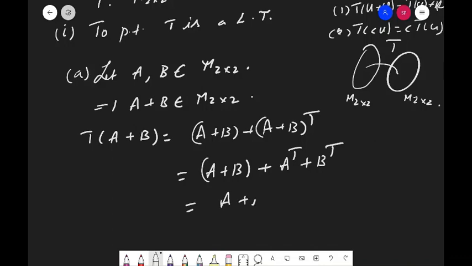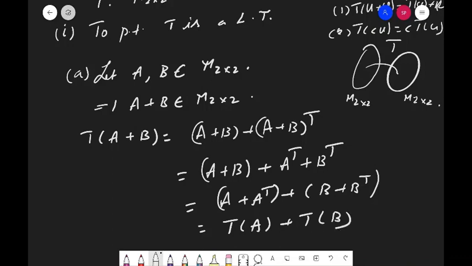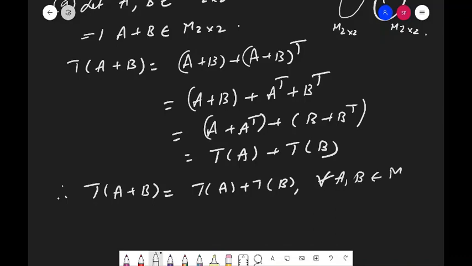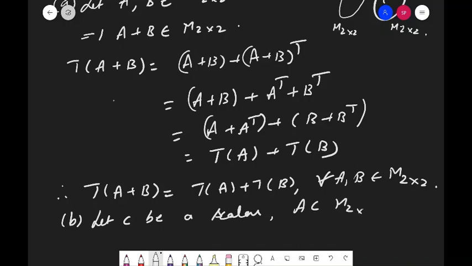I can write it as A plus A transpose plus B plus B transpose, which is nothing but T of A plus T of B. So therefore T of A plus B is equal to T of A plus T of B for all A, B belonging to M2 by 2. And for the second one, let c be a scalar and A belong to M2 by 2.